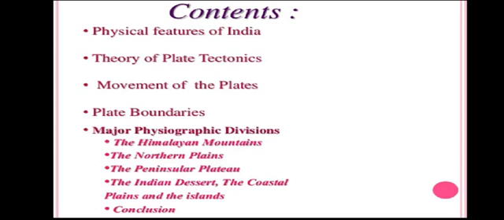We have already learned in the last chapter that India is a very vast country with varied landforms. Some of the landforms I told you just now: desert, plains, mountains, coastal plains, islands, plateau and all.